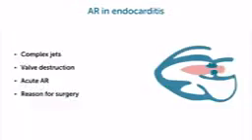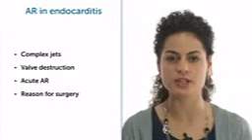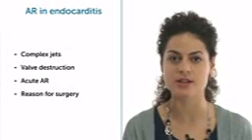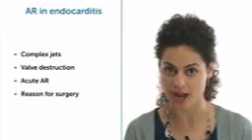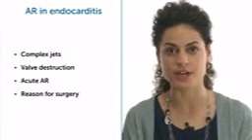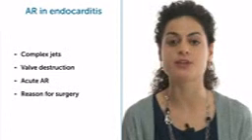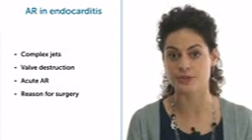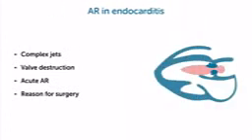So AR can be caused by endocarditis. Usually the jets are complex because we have valvular destruction. This is also responsible for acute AR, and it's a good reason to send the patient to surgery, especially if it's hemodynamically unstable.